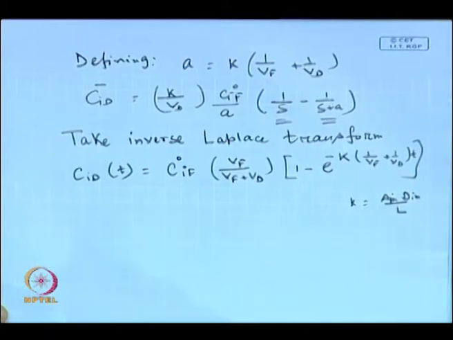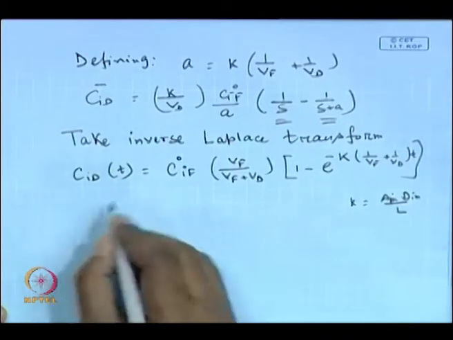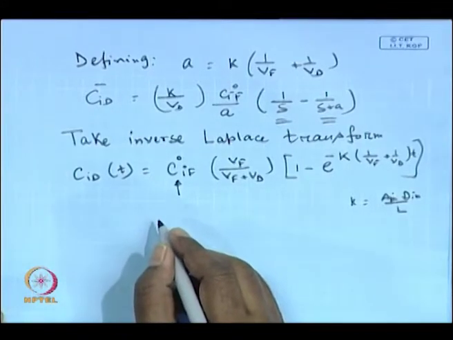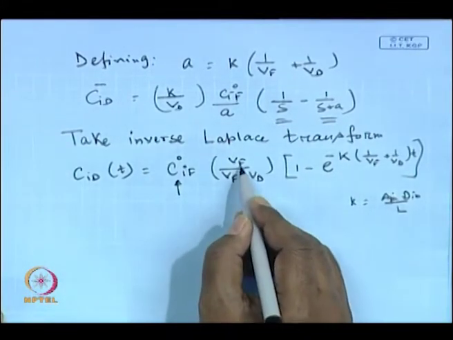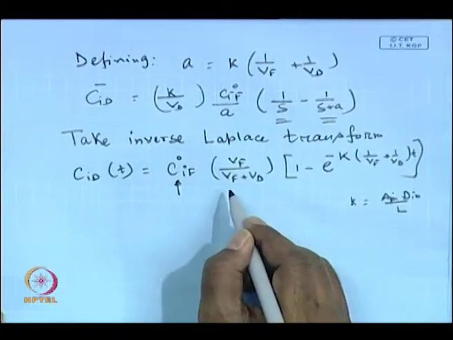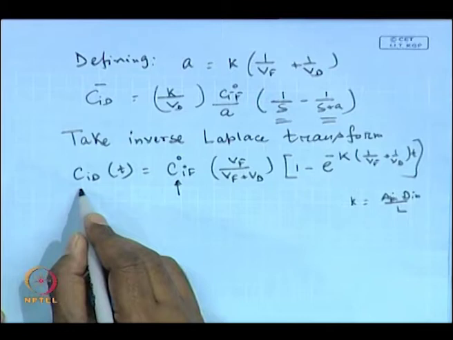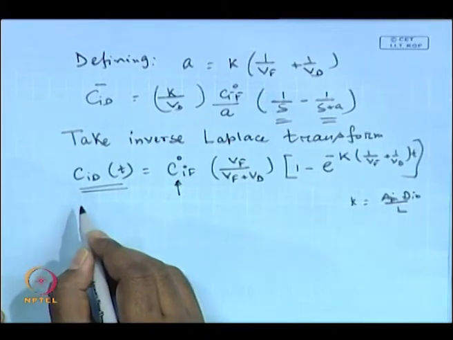Now, what we can do is make this more amenable, because C_IF naught is known to you: the initial concentration of the solute in the feed side, the volume of the feed chamber and the volume of the dialysis chamber are all known, and you are going to monitor C_ID as a function of time.